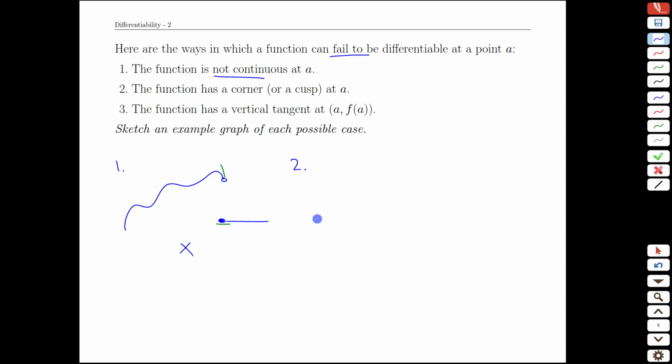Sometimes the function can be behaving quite nicely and actually still be continuous, but if it takes a turn and we have a conflict or an ambiguity with 2 different slope lines, this is what we'd call a cusp, there again we can't talk about a single derivative, so it would be not differentiable at that point.